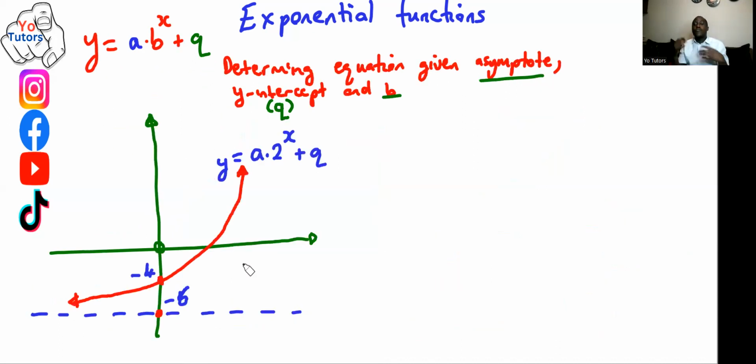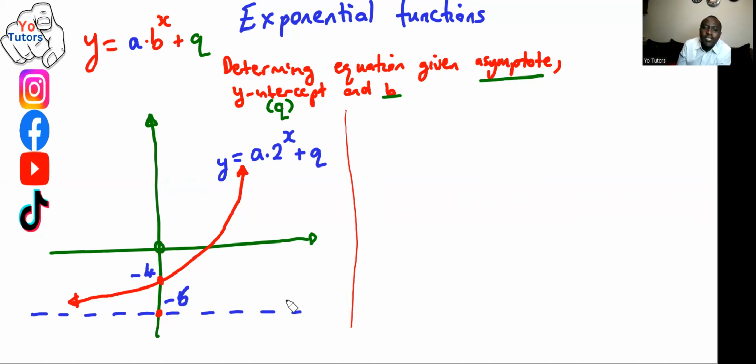Now let's talk of getting the exponential equation. How do you get it? When you are given a y-intercept and also a point, where it's cutting. In this case, we are given the asymptote and the y-intercept, and also b. Your job here is to find a.